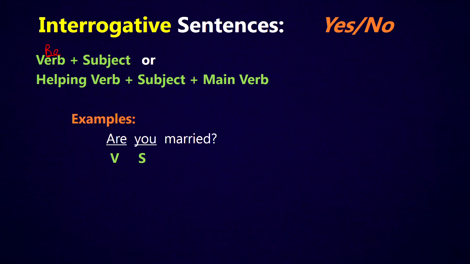So for example, are you married? So here are is a form of the be verb. And you is the subject. And then married is just an adjective describing you. Now, if we were answering this, we would say, I am married.